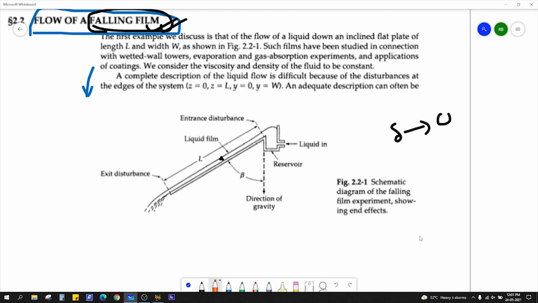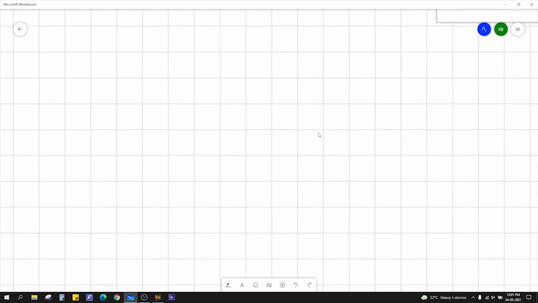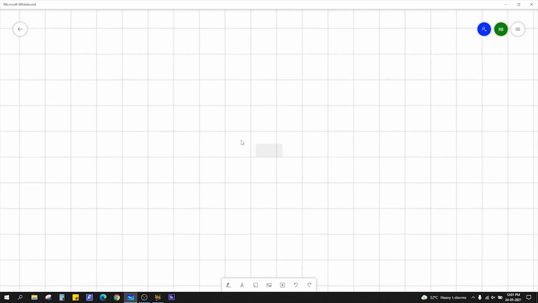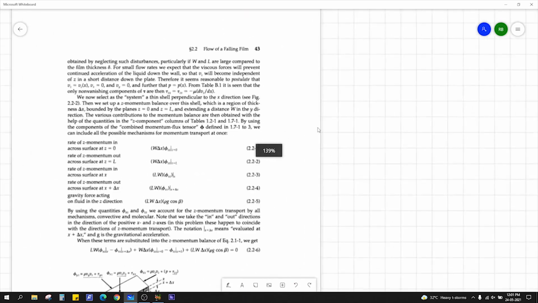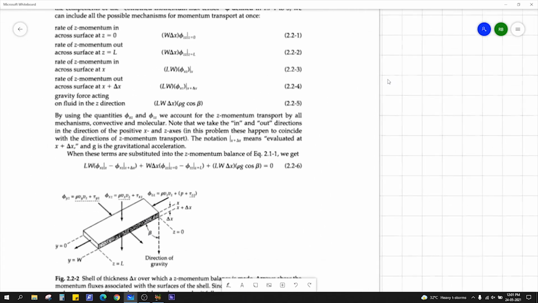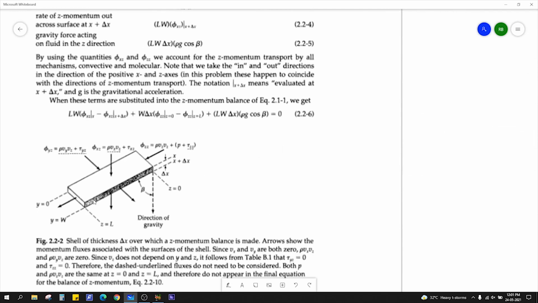Now, once again, we'll see this more clearly. You can see here, what you saw in the last diagram was this.